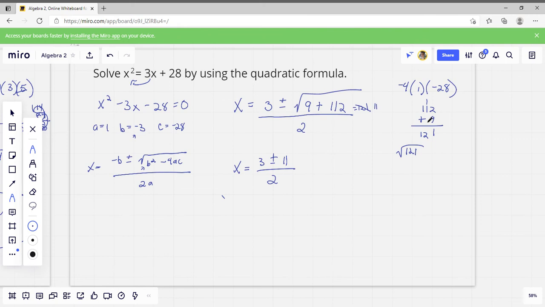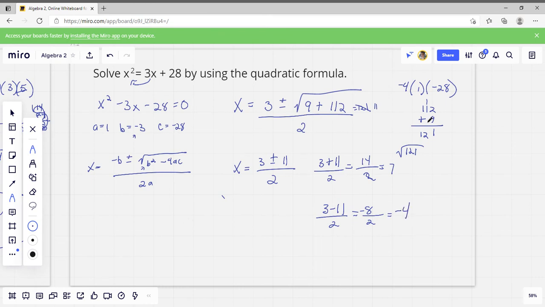If I did 3 plus 11, that would be 14 divided by 2, which equals 7. And if I did 3 minus 11 divided by 2, that would be negative 8 divided by 2, which would be negative 4.